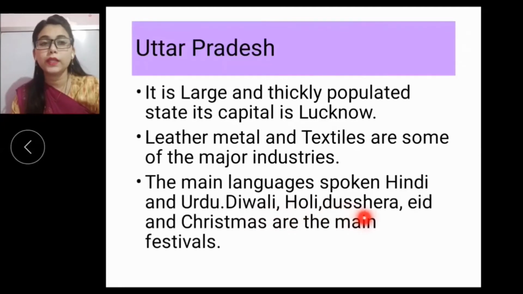Diwali, Holi, Dashera, Eid and Christmas are the main festivals of Uttar Pradesh. The land of Uttar Pradesh is very fertile because this state is situated in the Ganga Basin. Allahabad, Varanasi, Agra and Kanpur are the major cities of Uttar Pradesh.